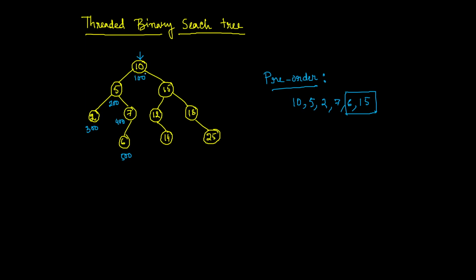So that means although visiting the nodes 7 and 5 is unnecessary, we have to do it because I don't have any way to store the address of the root directly in this node 6. This tree is a very small example.